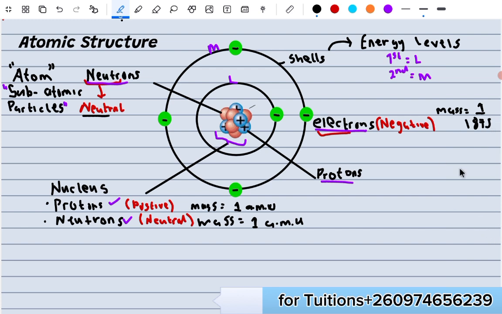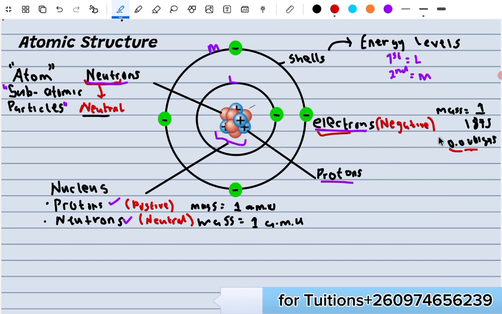When you divide, it gives you 0.000 something. So it has a very small mass.